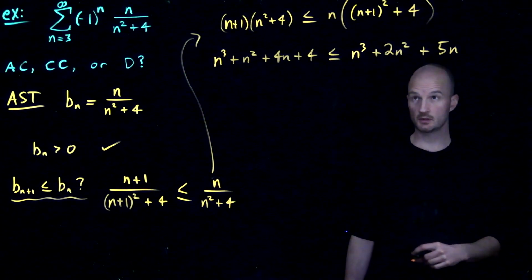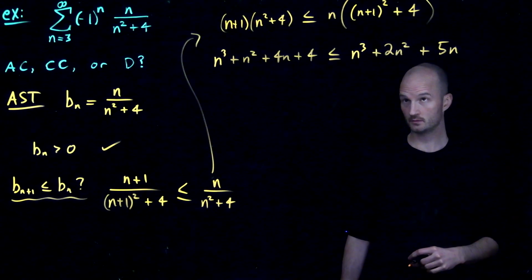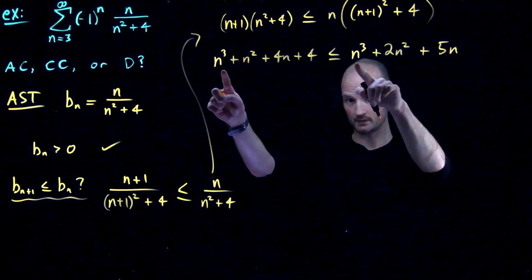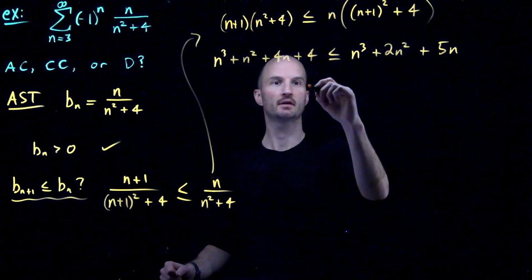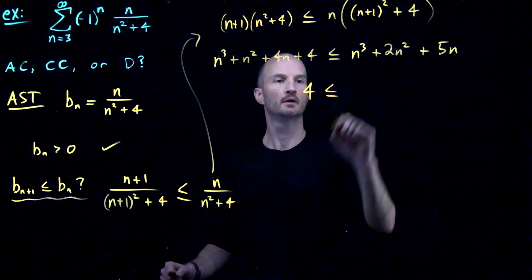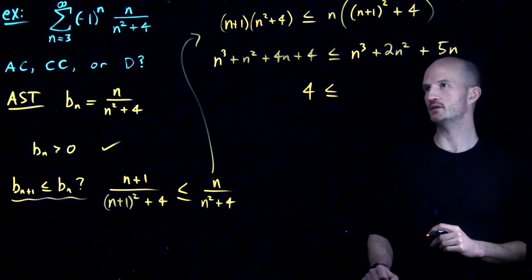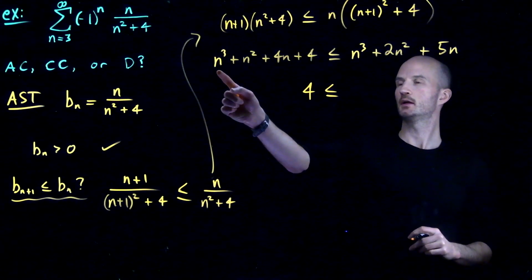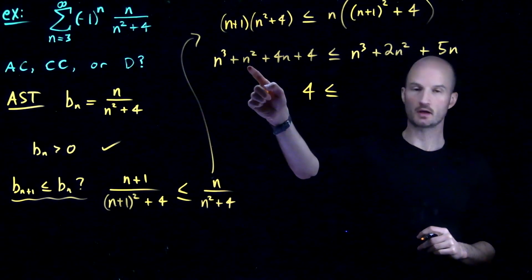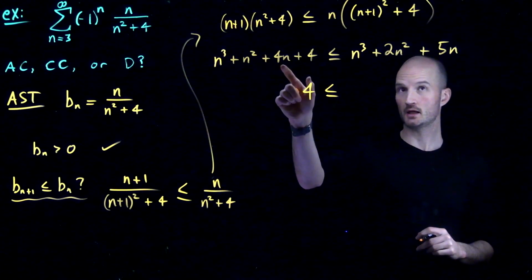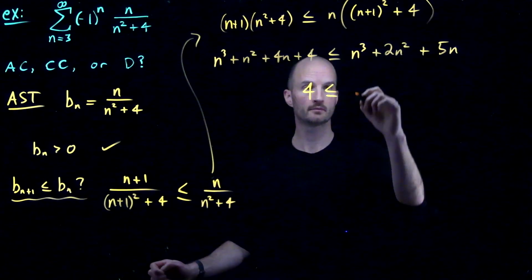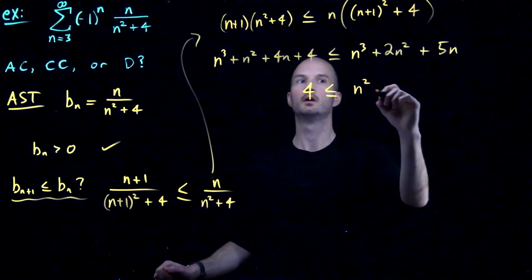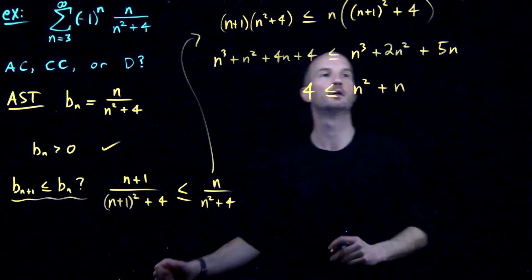So I'm going to simplify here. Subtract the same thing from both sides, still an inequality. In fact, I can work this out so that there's just a 4 on the left-hand side. So the n cubed gets subtracted from both sides, the n squared gets subtracted from both sides, and the 4n gets subtracted from both sides, leaving this over here.